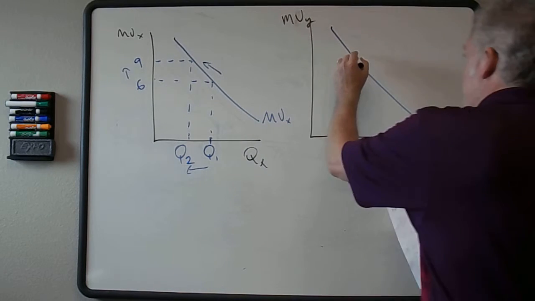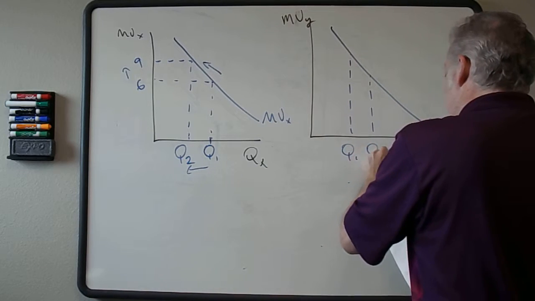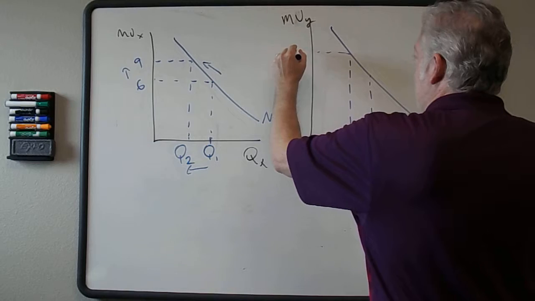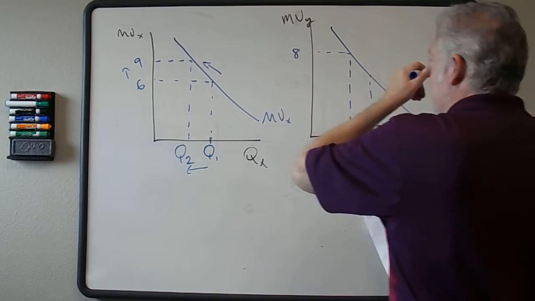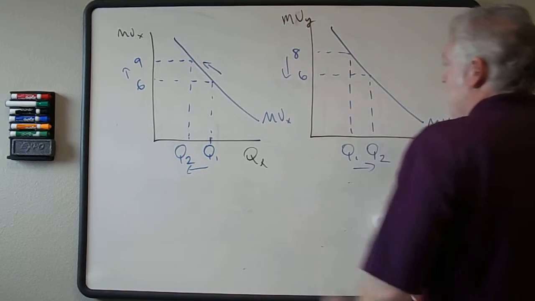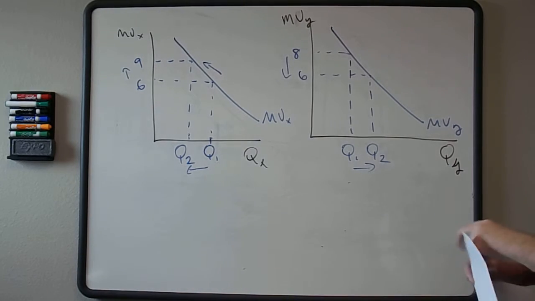But we're doing just the opposite over here. We know that there's going to be more quantity consumed of this good due to the lower price. But as we do this, remember we start out with the initial condition of 8 units of marginal utility. Now we fall to, let's say, 6. As we consume more of any good, we get less and less marginal utility, less and less value.